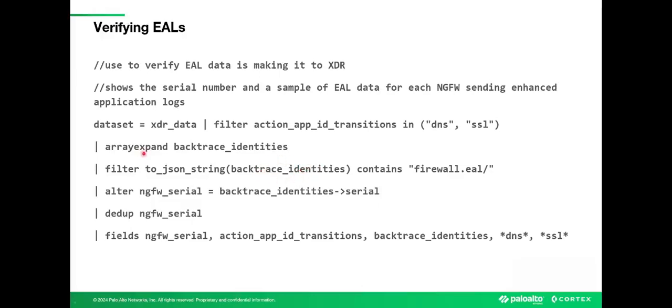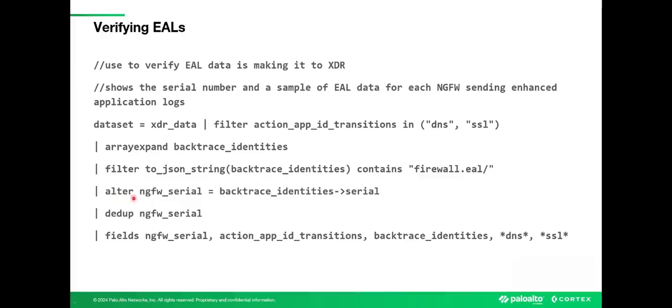So as we run the array expand, this array will be expanded into a JSON format, right? So we use the filter to JSON string to extract some information from the backtrace identity. So we are looking for this specific string, firewall.eal. So if the firewall is sending logs with this metadata, it means that we are collecting the EAL logs, okay?